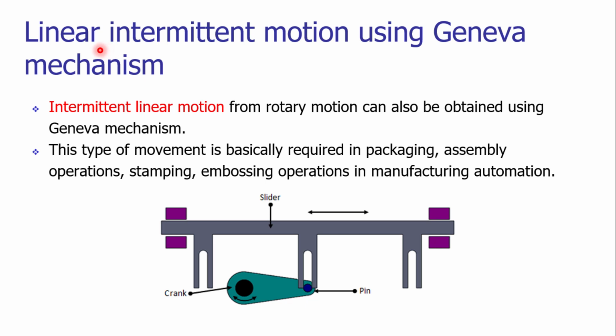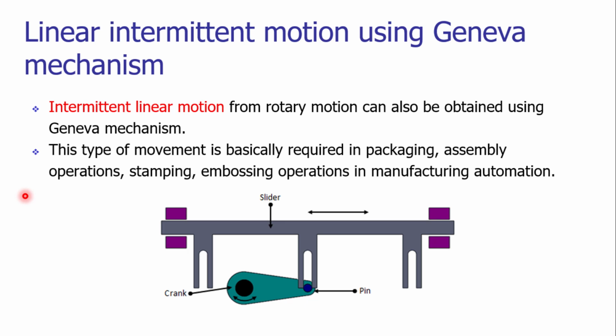Well, to have linear intermittent motion: in the previous slide we have seen that the Geneva mechanism can be utilized to have rotary intermittent motion. We can also have linear intermittent motion using the Geneva mechanism, and that is another important aspect in the automation industry.